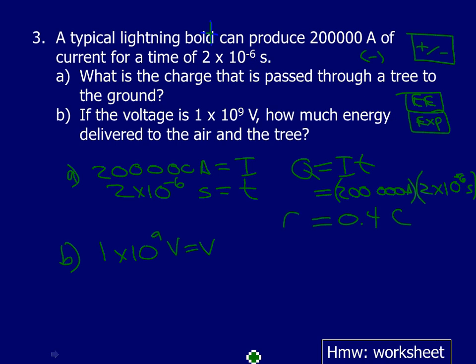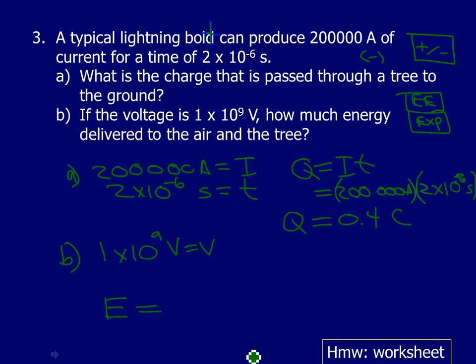Q. So we know Q and we know V. But we want to get E. How much energy? We want E. Well, V is equal to E over Q.